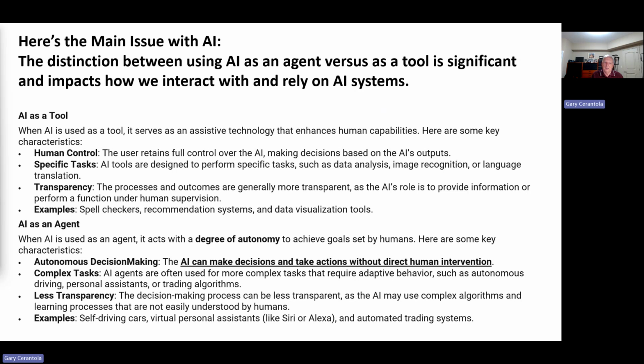Because when you go from using AI as a tool to using AI as an agent, here's where ethical considerations really come into play, because now AI as an agent will basically make decisions and take actions without direct human intervention. So the policies better be inserted into the boundaries of what AI can do as an agent, and there's less transparency.